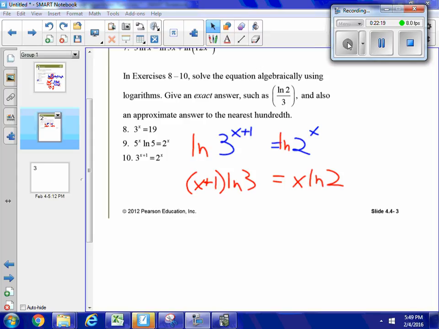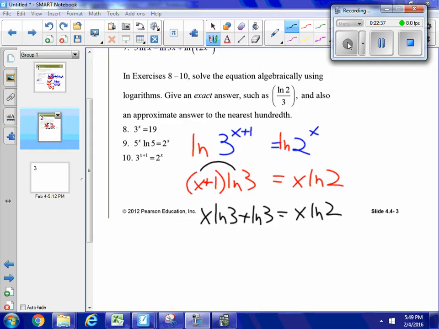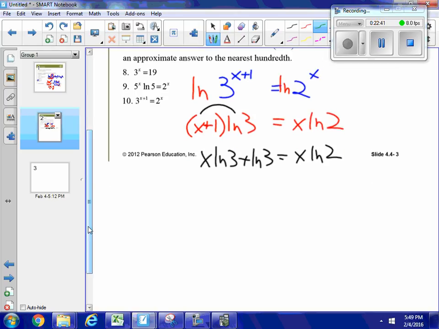I'm going to distribute my ln 3, which is just a number, just the natural logarithm of 3, and I'm going to get x ln 3 plus ln 3 is equal to x ln 2. I'll get all my x's on one side of the equation.